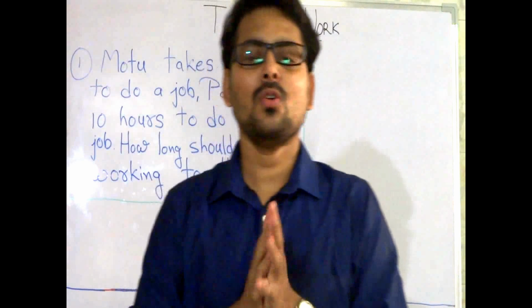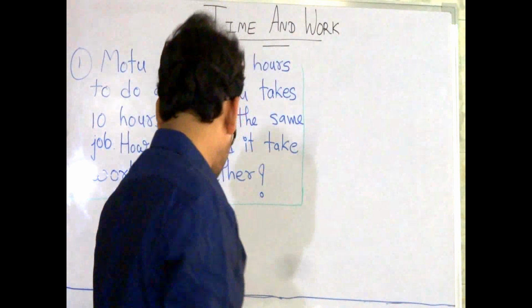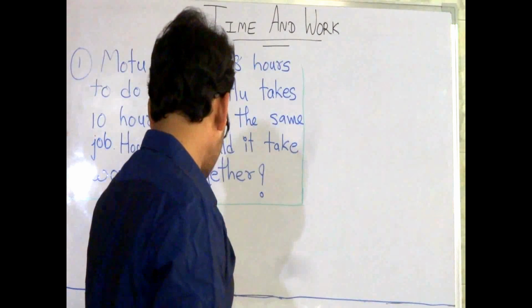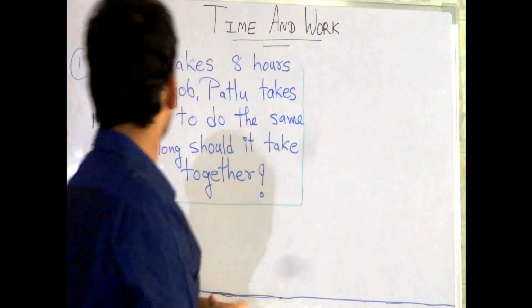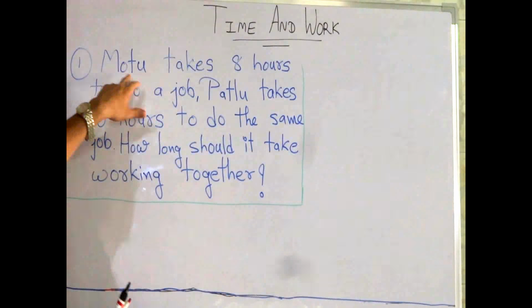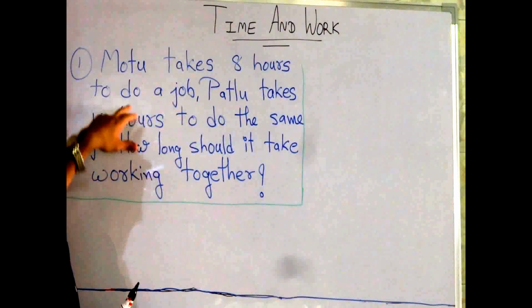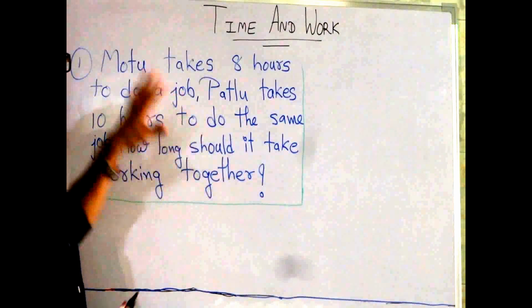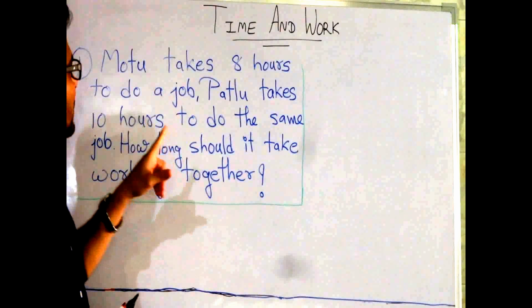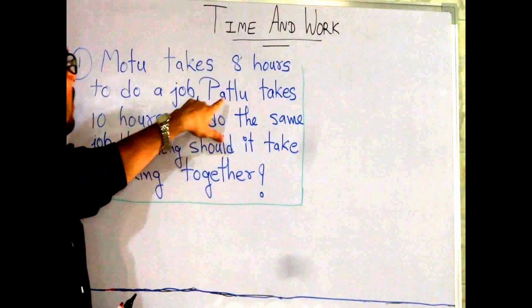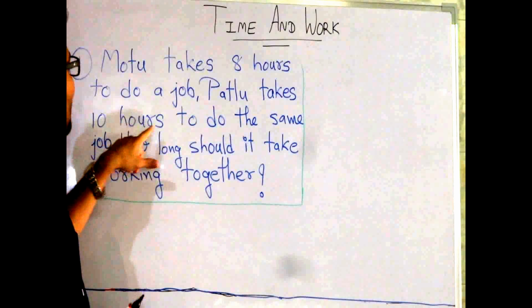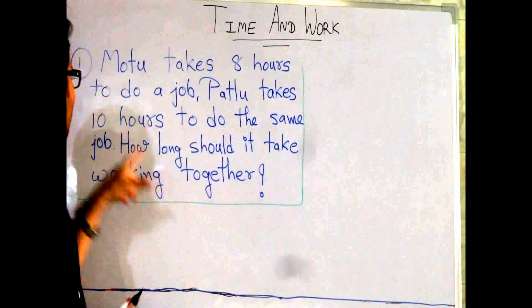Okay, so this is the first example. We will solve this example. See what it is telling. Motu takes 8 hours to do a job. Patlu takes 10 hours to do the same job.